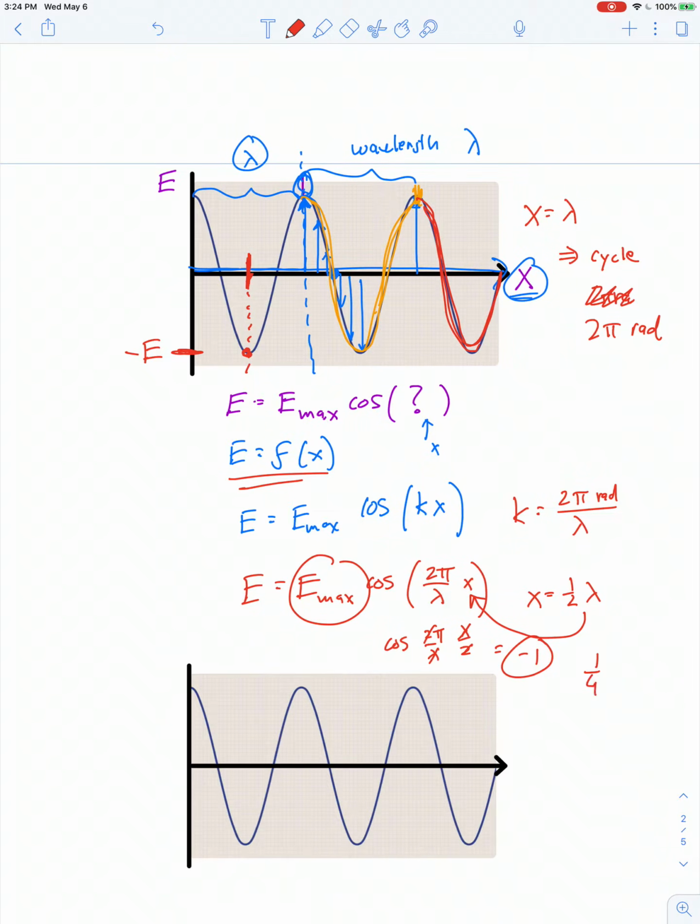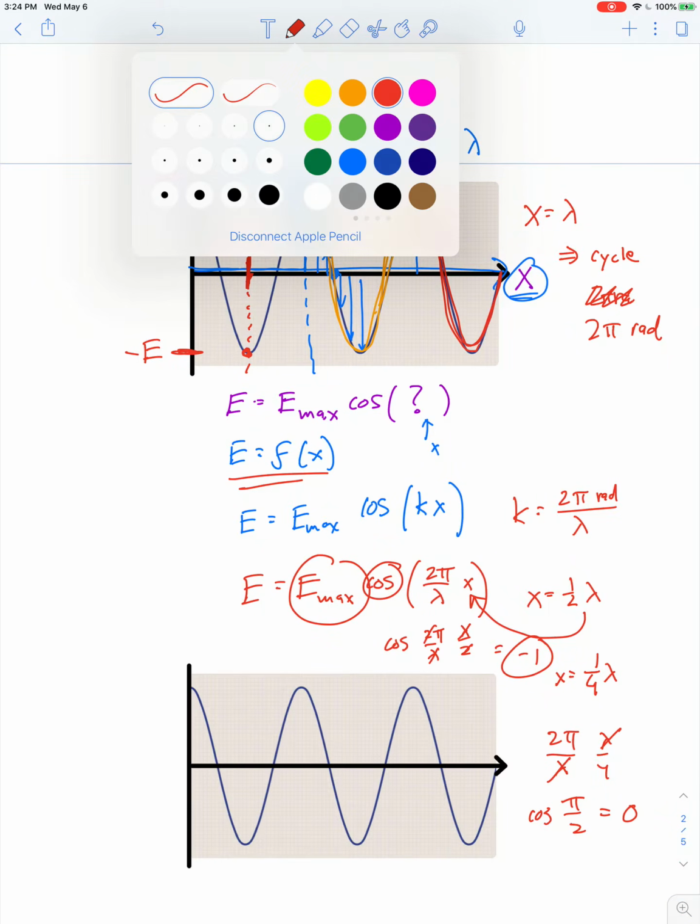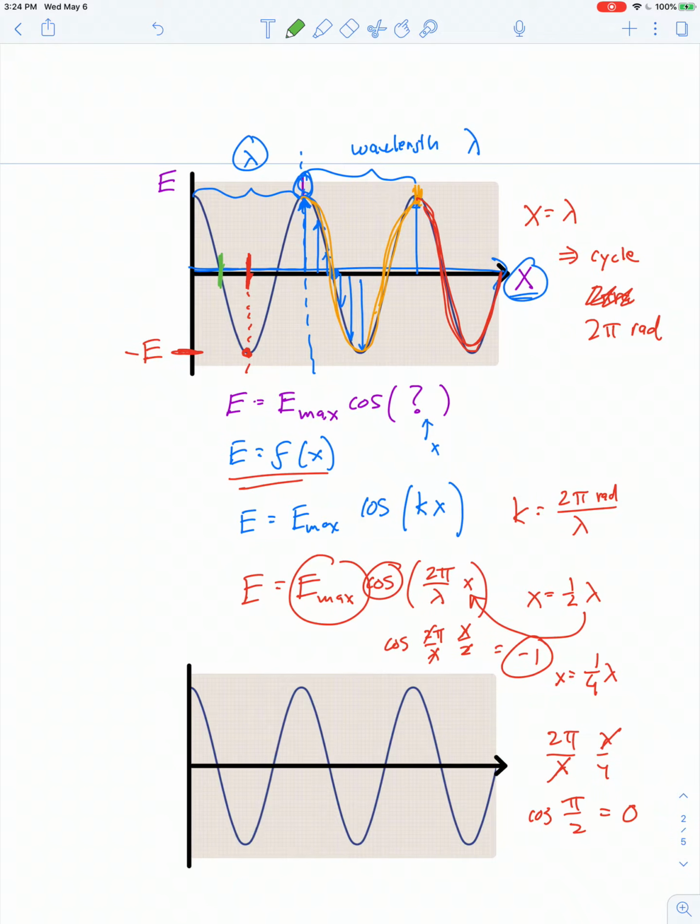If we plug in just 1/4 of a wavelength for x, then 2 pi over lambda times lambda over 4, lambda cancels, and we're left with pi over 2, but the cosine of pi over 2 is equal to 0, which is why 1/4 of a wavelength down the line, the electric field is equal to 0.